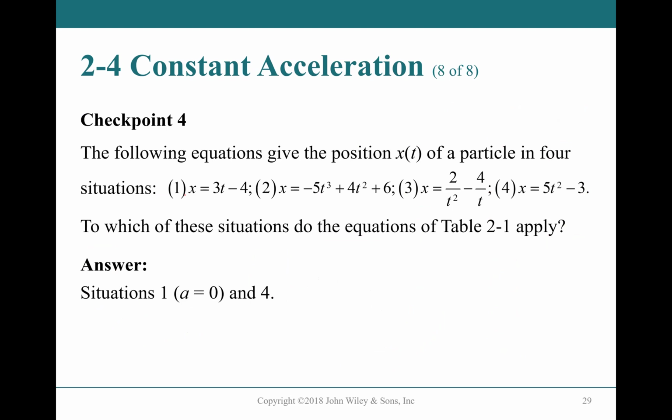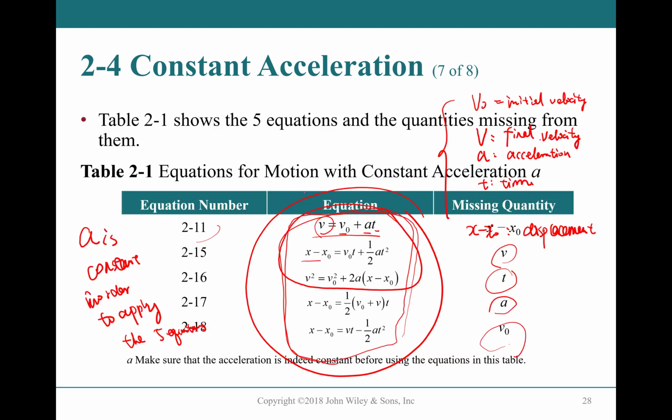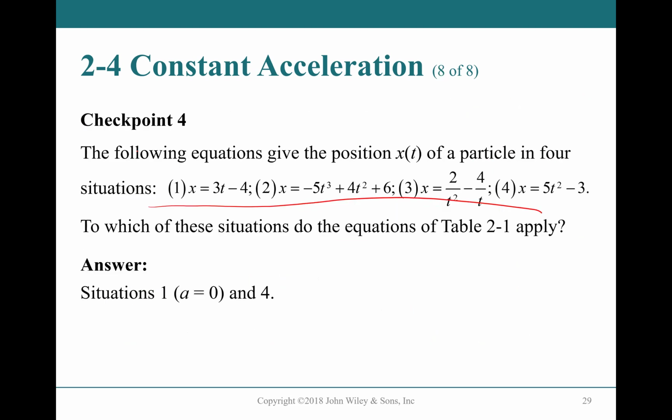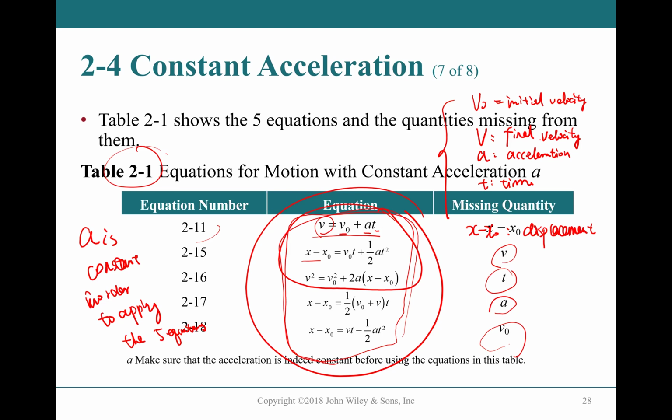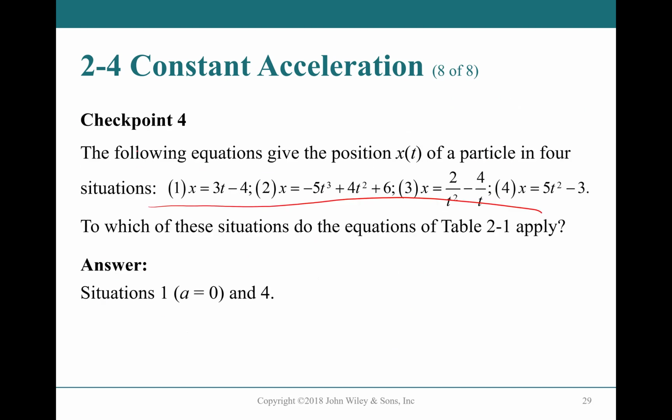So checkpoint 4. The following equations give the position x(t) of a particle in four situations. To which of these situations do equations 2-11 apply? Okay, so this table, if you want to apply the kinematic equations here, in which situations can you apply them?